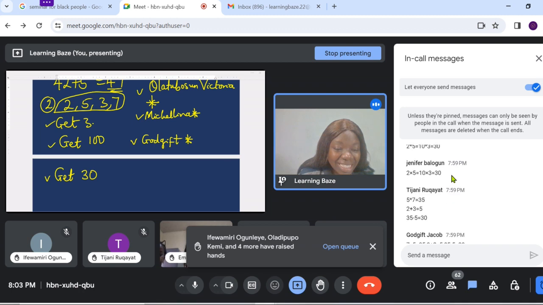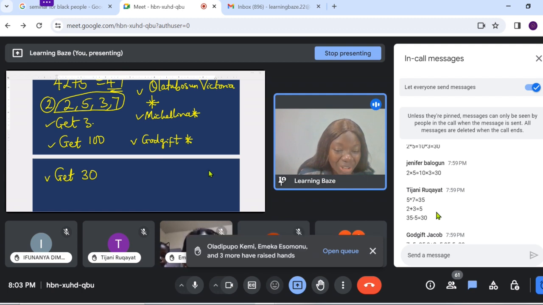Now the next one got the calculation right. The student with Tijani Rukayat, can you type your name in the comment section? You were the first person to type 30 and your calculation is correct.